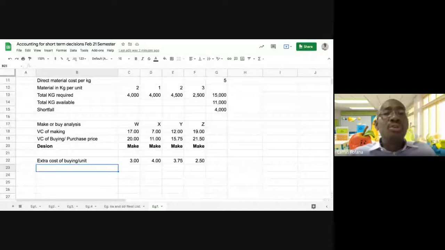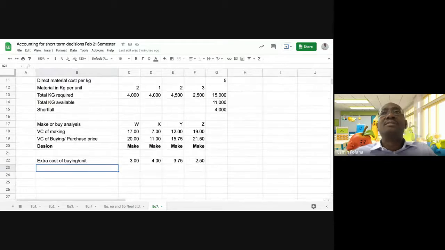So this time around also, we have a limiting factor. Our limiting factor is what? Material in kg. So therefore, our extra cost of buying per unit should be cognizant of this. So we should calculate our extra cost of buying per kg.